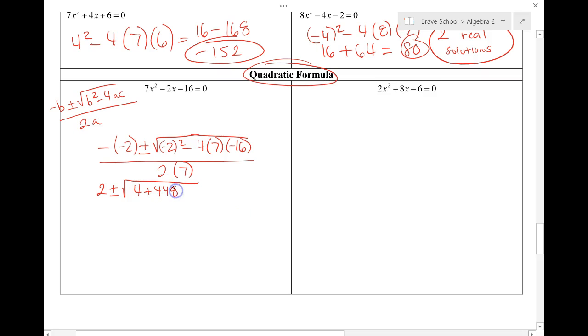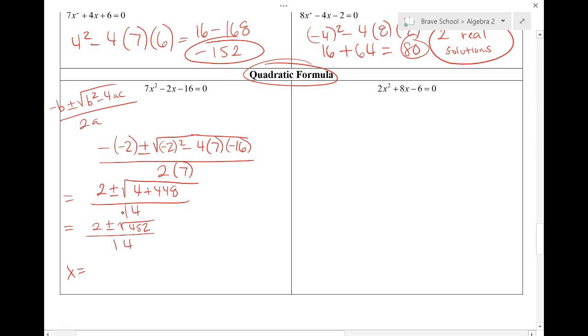So we get 4 plus 448, and then 2 times 7 on the bottom is 14. And we end up with 2 plus or minus the square root of 452 all over 14. So now, with the quadratic formula, I'm going to ask you to round it to the nearest hundredth. Okay, so just simply take your calculator and multiply and add and divide all this out.